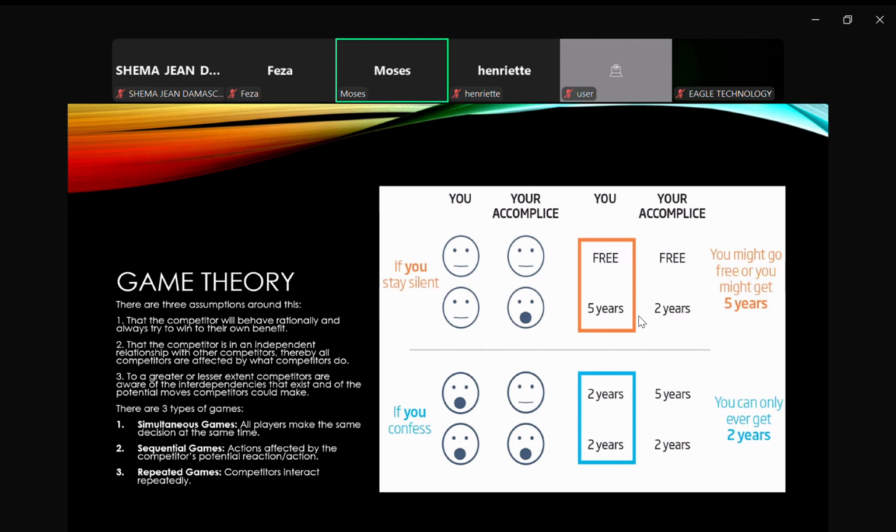So it requires you to be very smart and think about the likely impact on your customers. Okay. So that is the prisoner's dilemma.